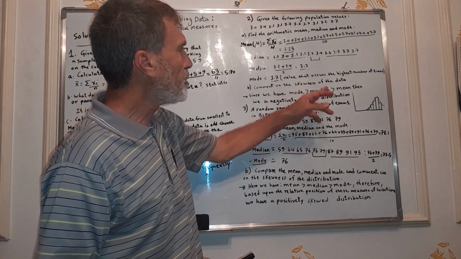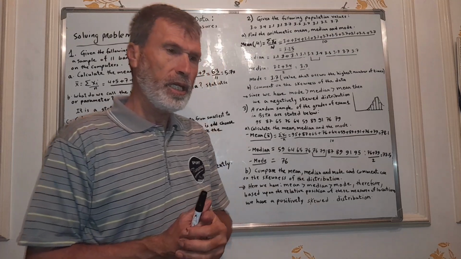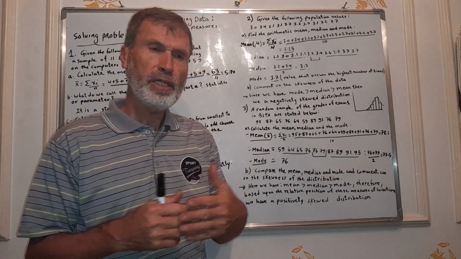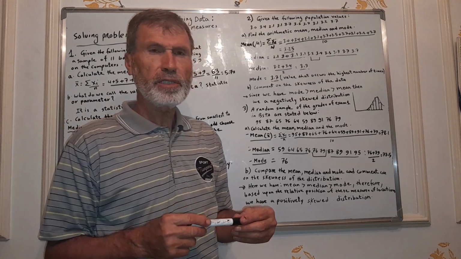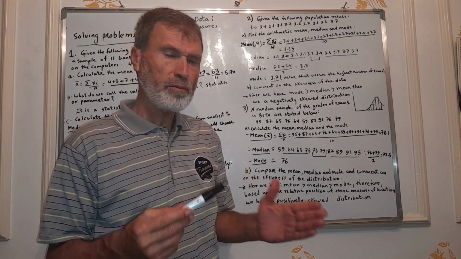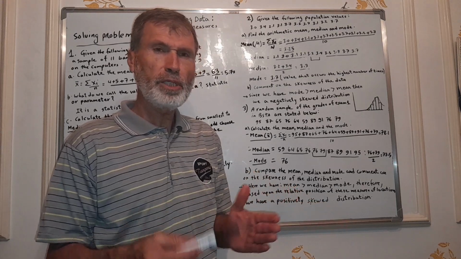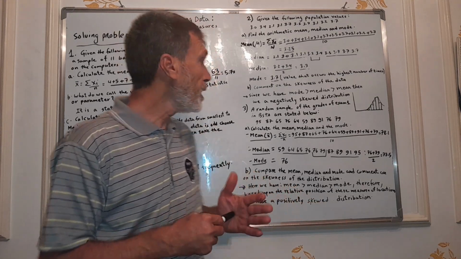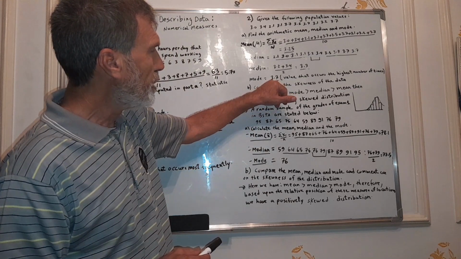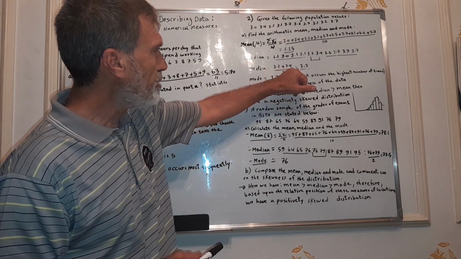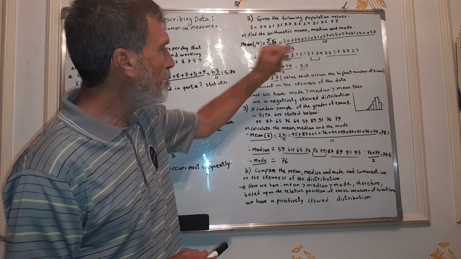Comment on the skewness of the data. Of course, as you remember from the discussion of the chapter, whenever we are talking about the distribution, we're talking about the relative positions of the mean, median, and mode. As you can see here, the mode is greater than the median and is greater than the mean.